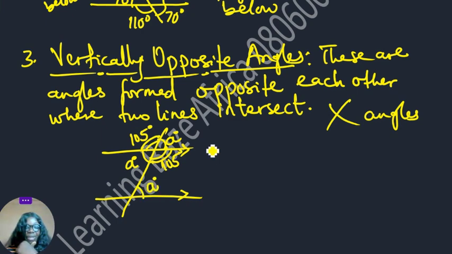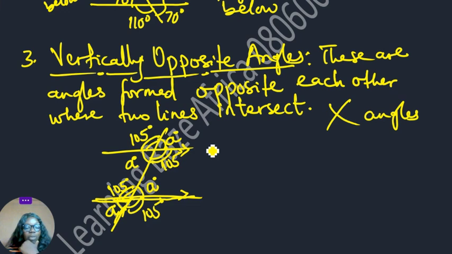Now look at this angle also. This angle is A degrees. The one opposite it, that's the angle facing it, will also be A degrees. This particular angle is 105 degrees. The one facing it, which is opposite, is also 105 degrees. That's why we call it X angle. You can see that the transversal and the parallel line intersect each other.